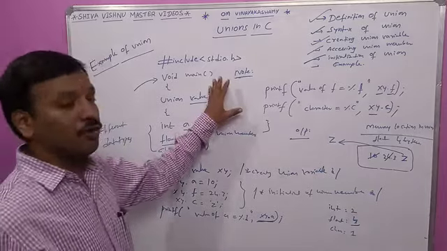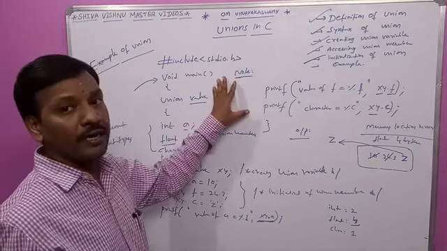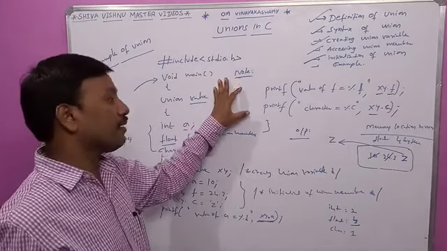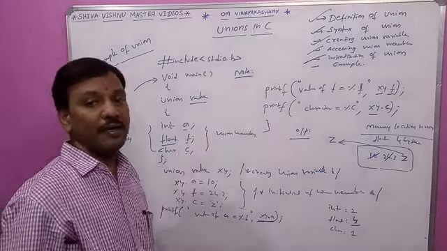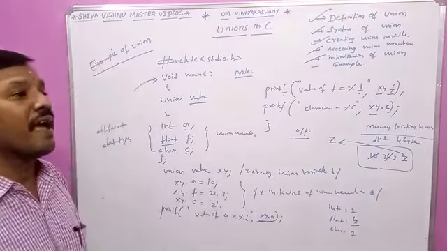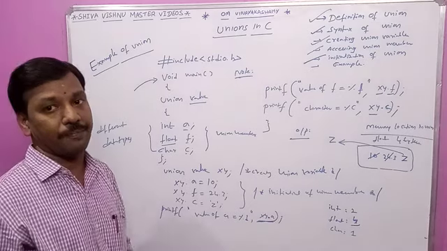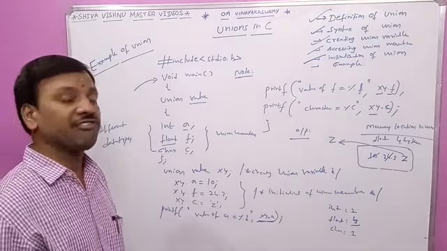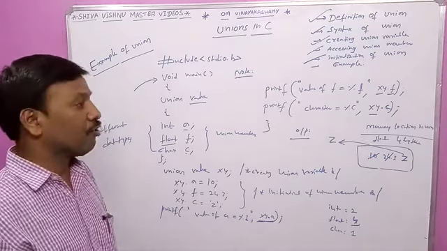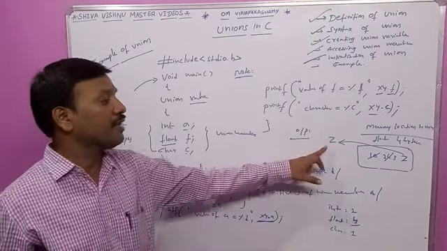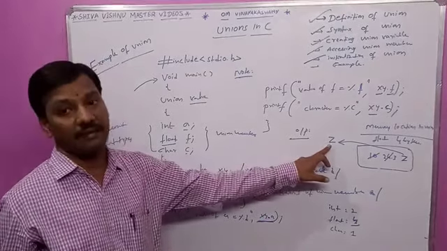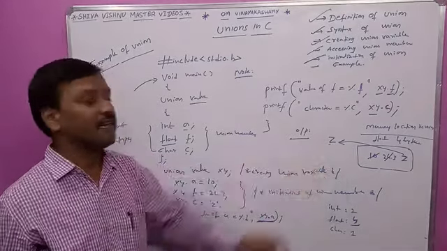So in the union concept, note here that only a single member is accessed at a time. That is the condition. So that's why we will get the answer z. That character will be displayed.